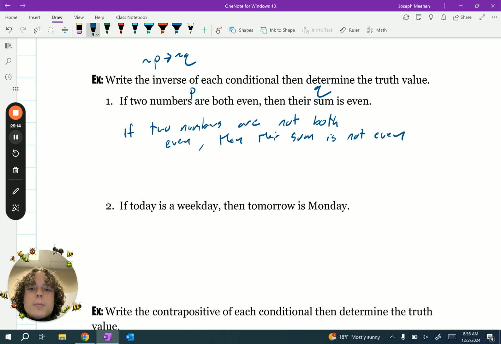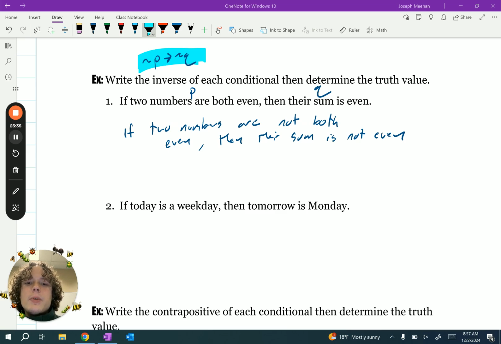All right? If 2 numbers are not both even, then their sum is not even. That's the inverse of it, right? So we flipped the meaning of the hypothesis and the conclusion. We made it not P, then not Q. So if 2 numbers are not both even, then their sum is not even.